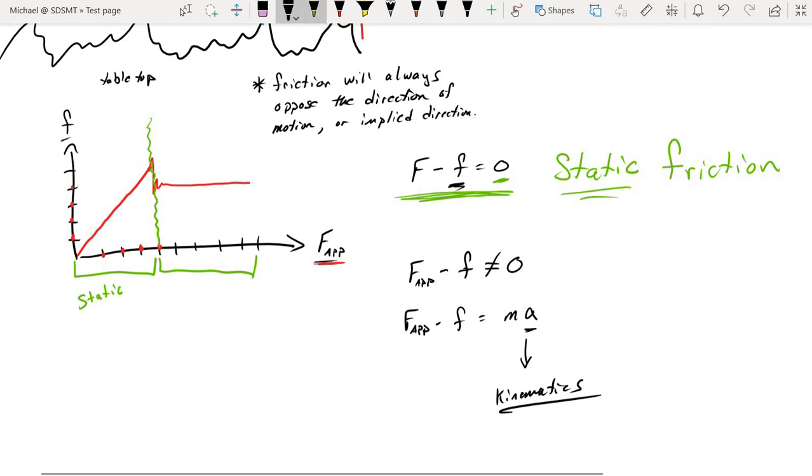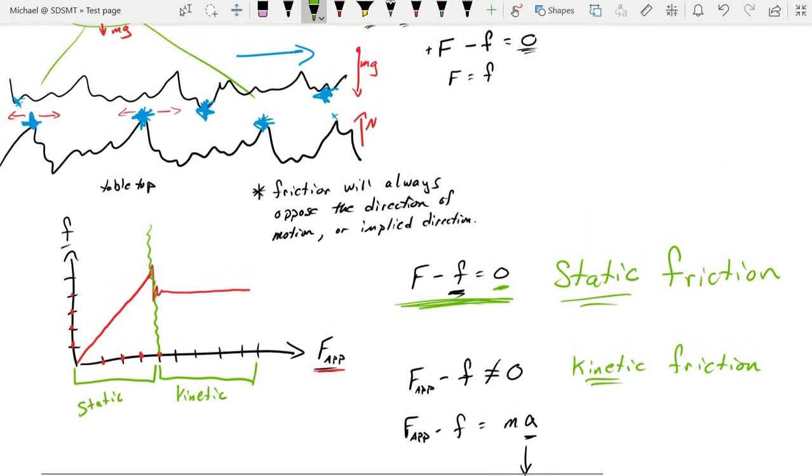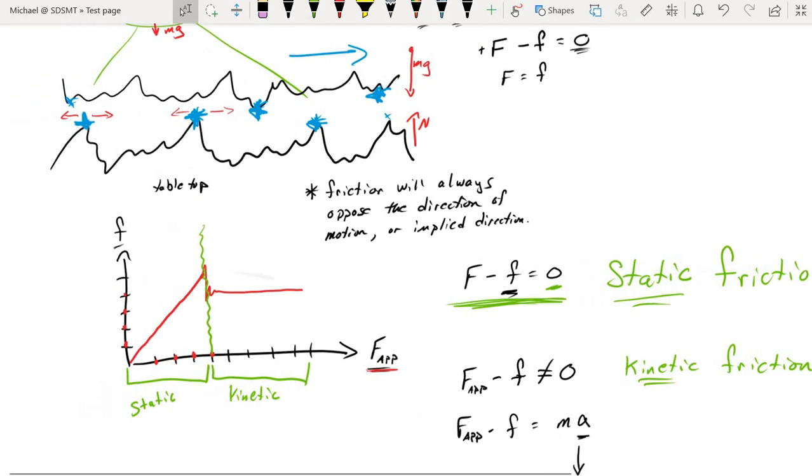So when this happens, when we overcome the static friction, we enter what is known as the kinetic friction case. Kinetic is just kind of a shorthand for kinematic. But this is the friction that we encounter as we are moving.